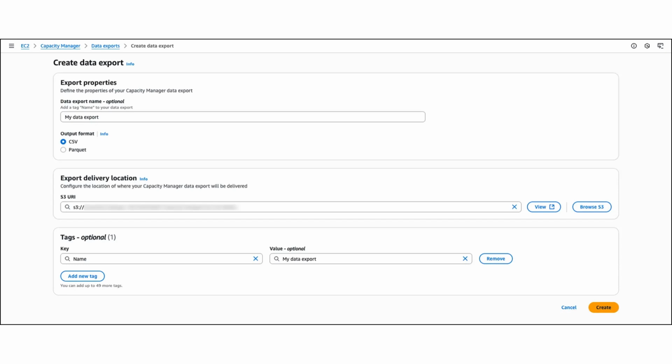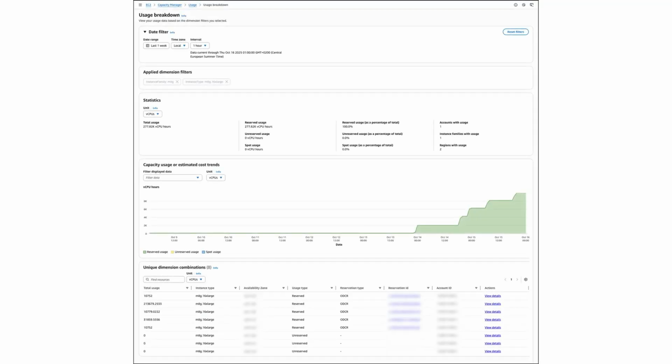Additionally, EC2 Capacity Manager offers drill-down APIs, exportable data, and workflows to act on optimizations, so you can go from insight to execution. Because it's enabled by default at no additional cost in all commercial AWS regions, the practical benefit is faster, consolidated visibility for capacity planning and FinOps-driven decisions without needing extra tooling or spend.